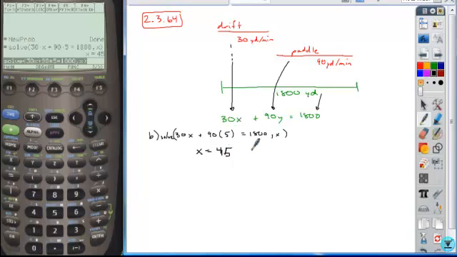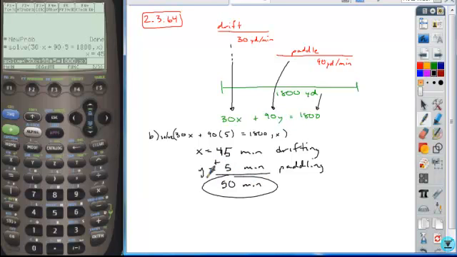So now remember what this means. This is minutes drifting. And in the original problem, it told you y was equal to what? 5 minutes of paddling. And so that's going to give you a total sum of 50 minutes. And so that total sum is going to be what you're asked to find in this case.